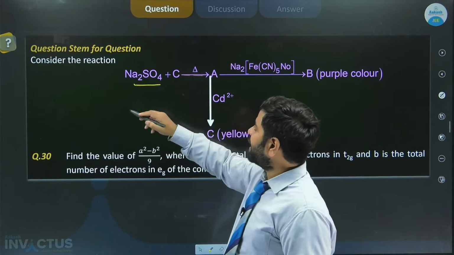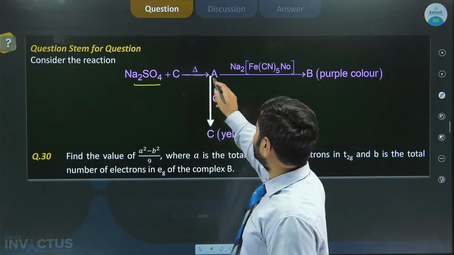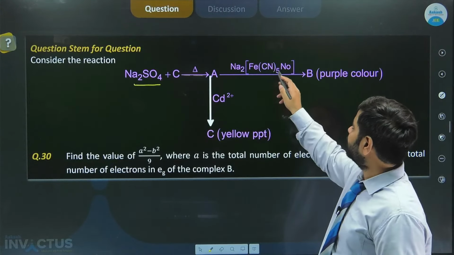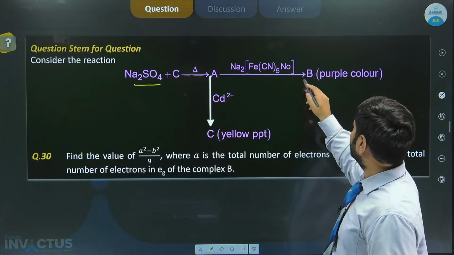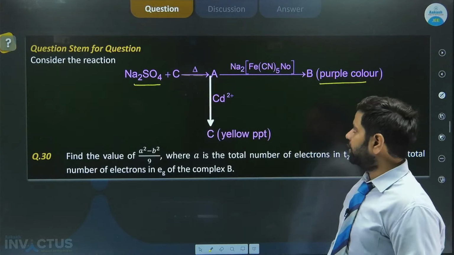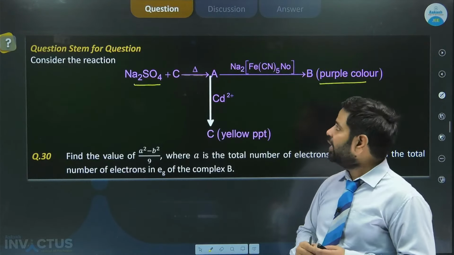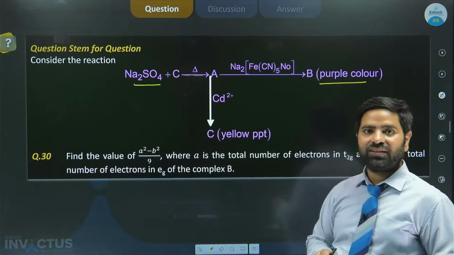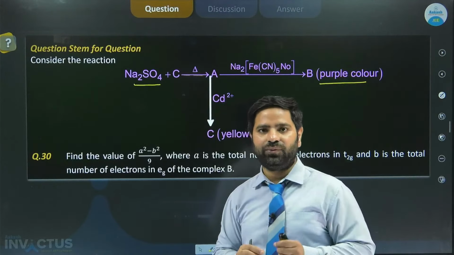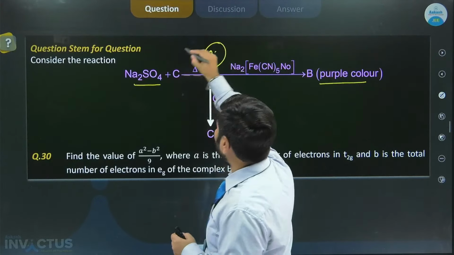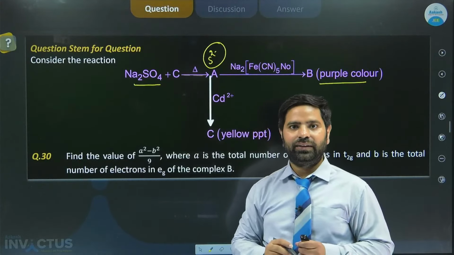Consider the reaction: Na2SO4 plus C gives, on heating, A, and Na2[Fe(CN)5NO], sodium nitroprusside with NO as nitrosyl, giving compound B, purple color. Okay. From here we can judge the question. A purple complex is formed for what? For sulfide ions. So A would have the S2 minus ion present.